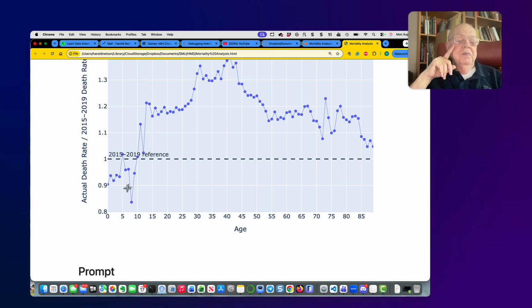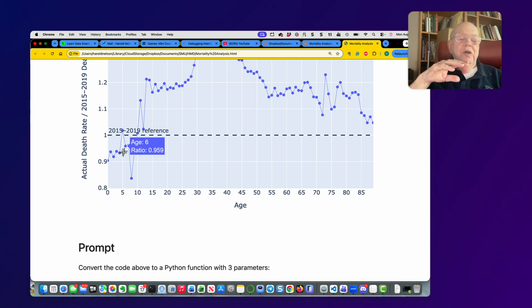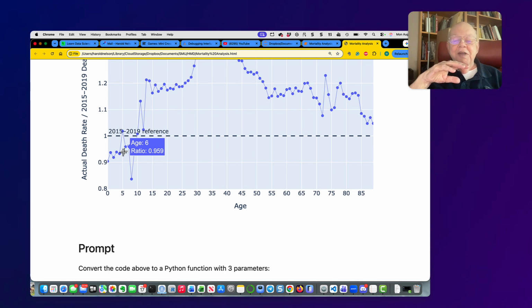Also very interesting is that in 2020, the COVID experience appears to have actually had some sort of preventive effect for people under the age of about 10. You might wonder why this is, and my suspicion is that as a result of COVID, what we did during 2020 kept these young children out of circulation, maybe saved them from dying of automobile accidents.